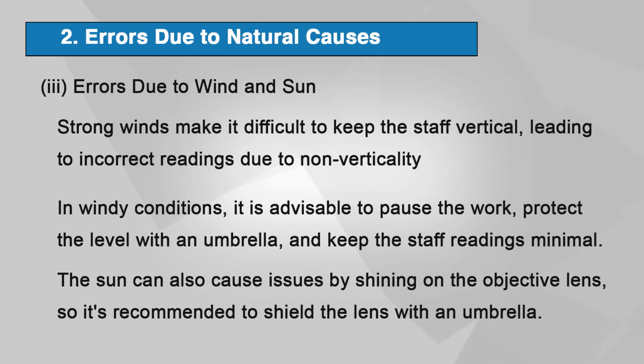The sun can also cause issues by shining on the objective lens, so it is recommended to shield the lens with an umbrella. Additionally, temperature changes due to sunlight can slightly alter the length of the staff, though this effect is negligible in routine leveling.